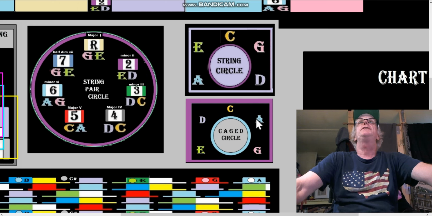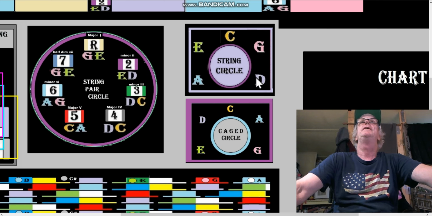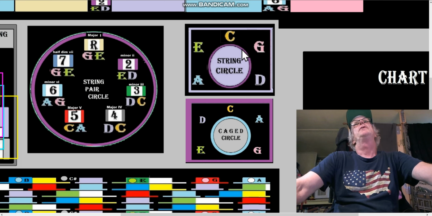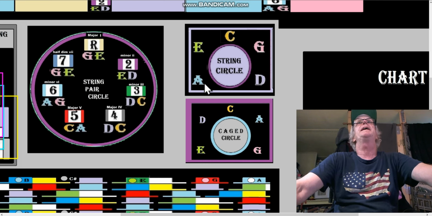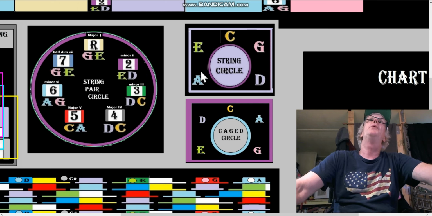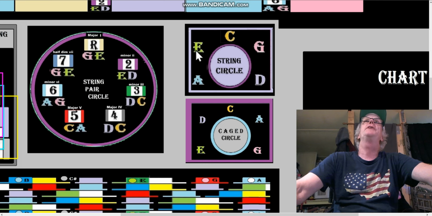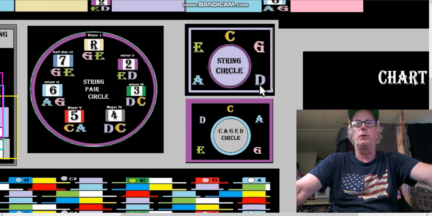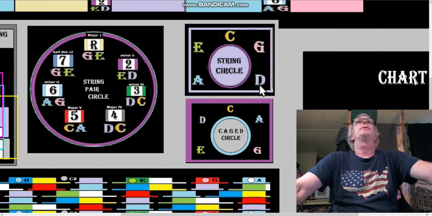So C skip A, we get G, so C goes to G. G skip E, we get D, so G goes to D. D skip C, we get A, so D goes to A, and so on. So in fifths we're taking every other letter in the word CAGED, and guess what? In fourths we're taking every other letter in the word CAGED backwards.